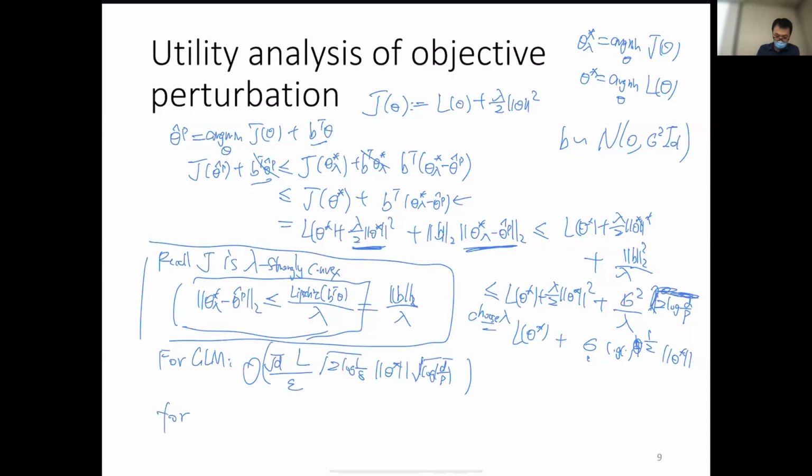And for general smooth losses, recall that sigma is another factor of square root of d larger.